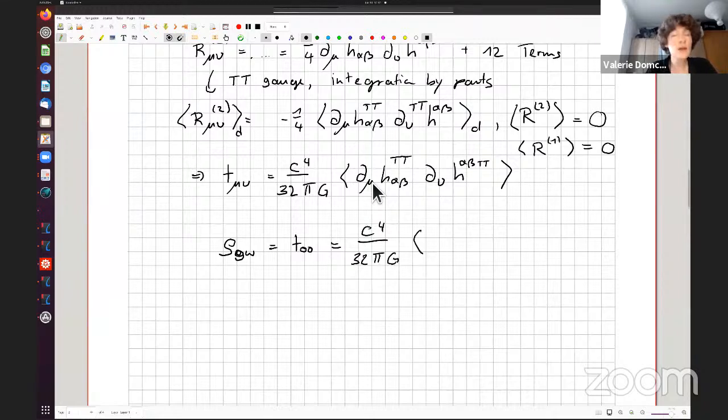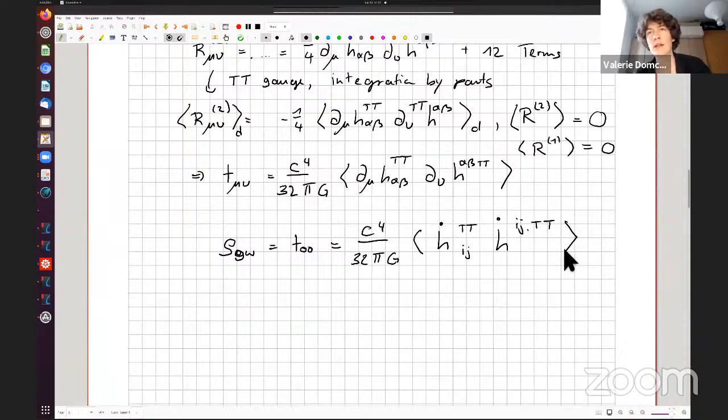So here, the only thing that survives is the time derivative in both cases, right? So we have h dot TT. And because I'm in transverse spatial gauge, I don't have the whole αβ indices, I just have the spatial indices. So that makes it a bit easier. So the prescription is, if I have my gravitational wave, I need to take the time derivative, and then I need to take the 2-point function of two gravitational waves.